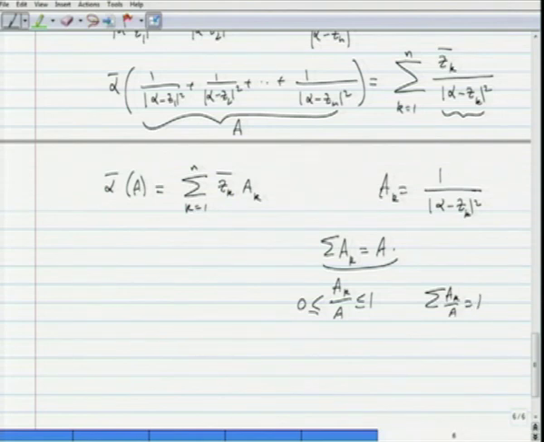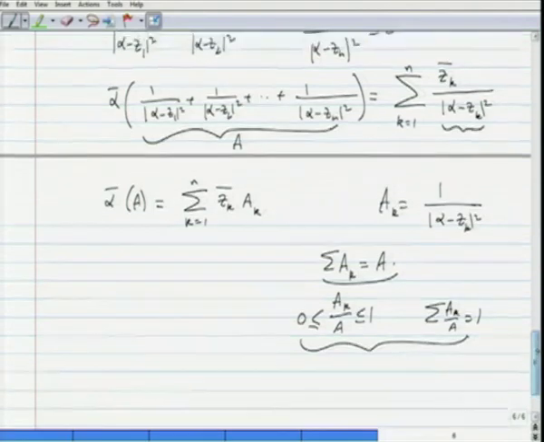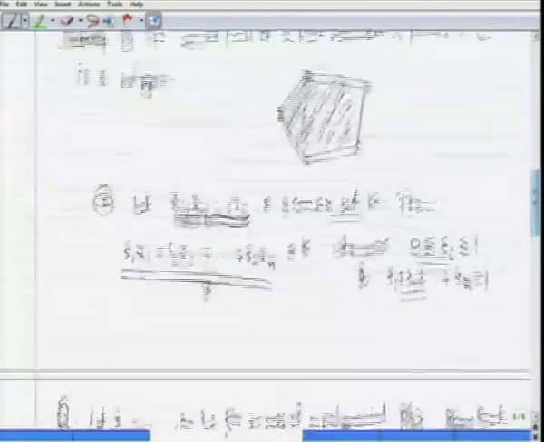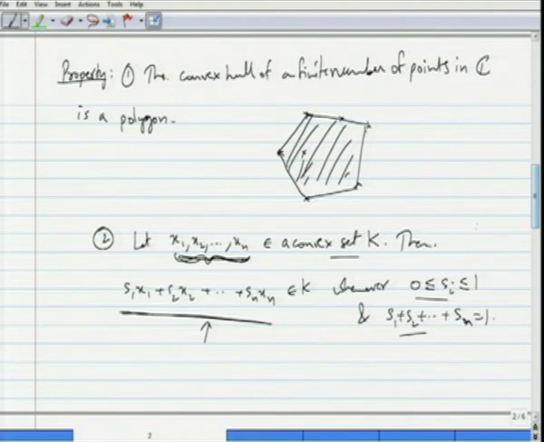So, this is where the second property of the convex hull that I mentioned is coming into the picture. Let me go back. So, these ak by a's are candidates for the coefficients.